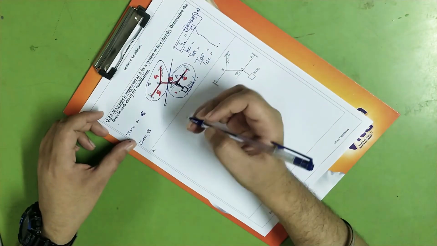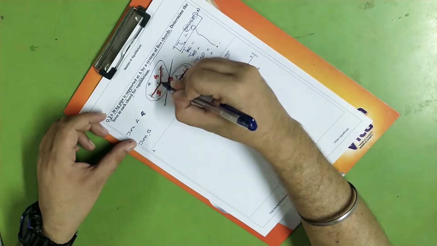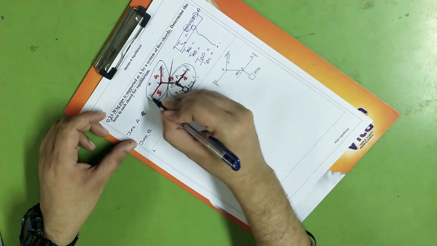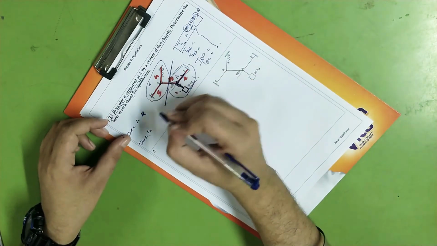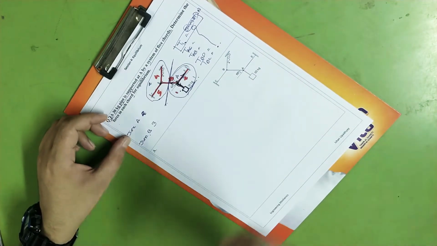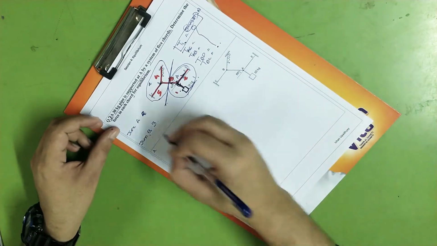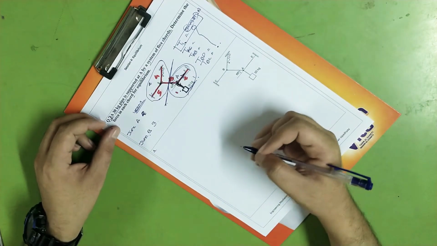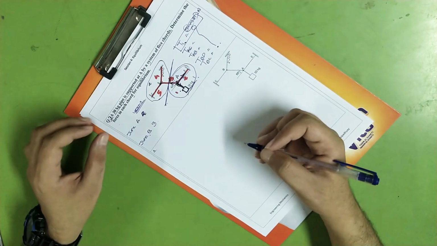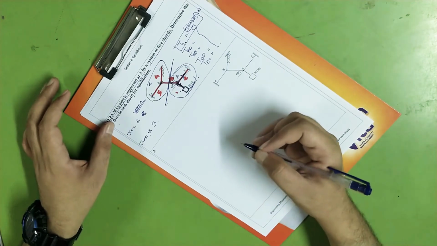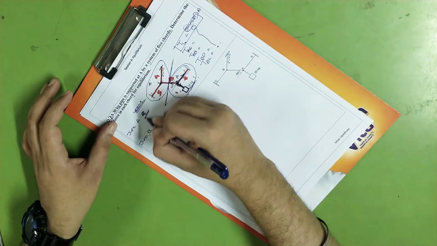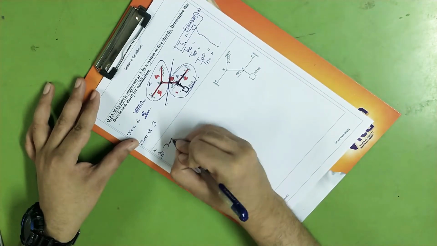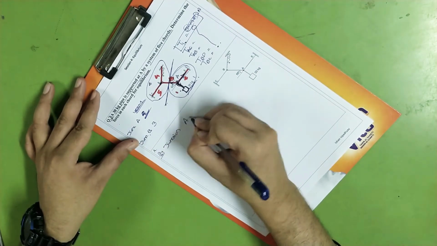Next we go to junction B, where tension in BA, tension in BD and tension in BC are all unknown. So junction B has 3 unknowns. Remember that whenever I go for Lami's theorem, at most I can only find 2 unknowns. So I'll start with junction A.